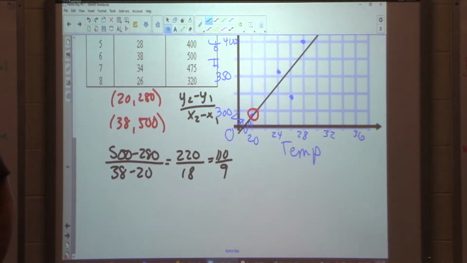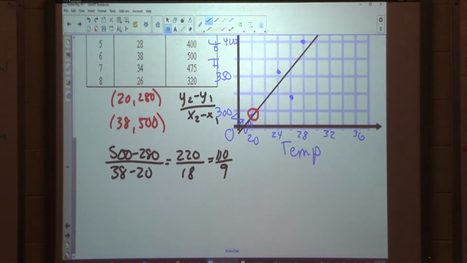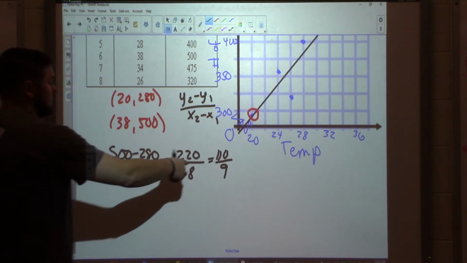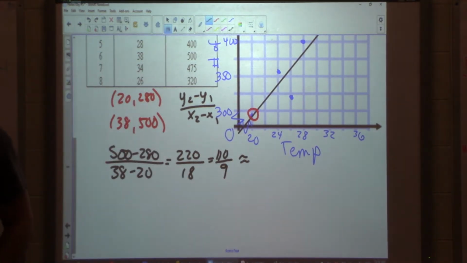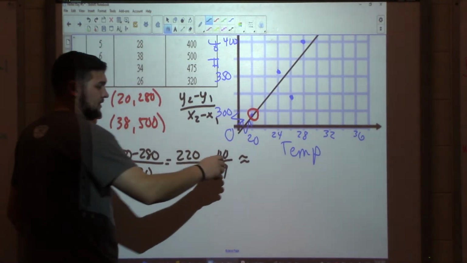When we've been making equations with points and slopes, we've got to distribute our slope, right? Is 110 over 9 going to be easy to distribute? No, so we're going to change it to a decimal. Problems like this, I'll let you change it to a decimal. If you plug in your calculator 110 divided by 9, what do you get for a decimal for our slope? 12.2.